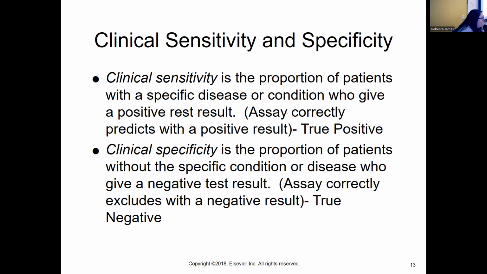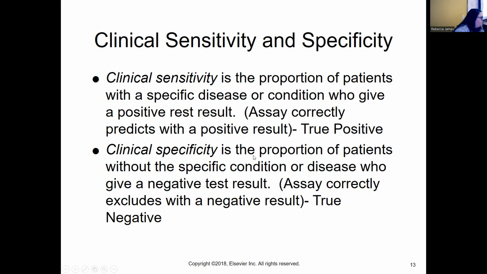As far as the definitions, one of my former students had a way to remember what that meant. She said the assay correctly predicts with a positive result. It's a true positive, sensitivity. She put a smiley face beside it, and she said sometimes people are positive, they're sensitive to stuff, and then she said specificity was just the opposite.